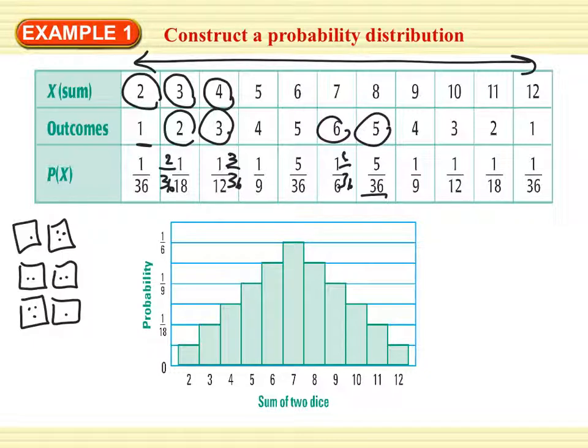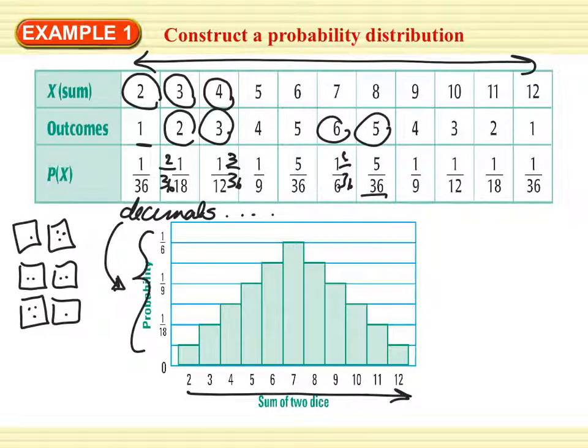Now, if you change all of these into decimals, it's going to be easier to graph your histogram because fractions can be a little bit difficult. So if we put the decimals here, our histogram has to include everywhere from 2 to 12, which is your sum of 2 dice, and your probability, and it's just a bar graph.